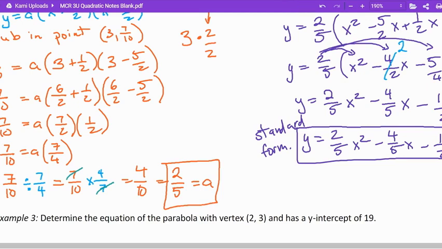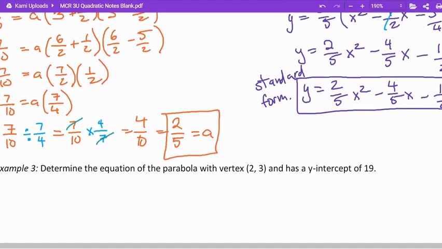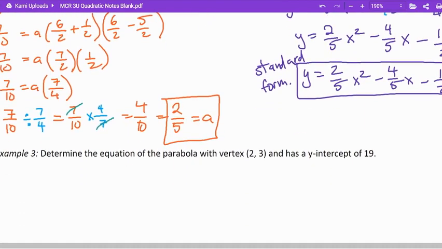I'm not going to find the vertex for this one. It's the same process, but just in the interest of time, I want to show you a different type of question. All right, if you are done that example, move on and read example 3.